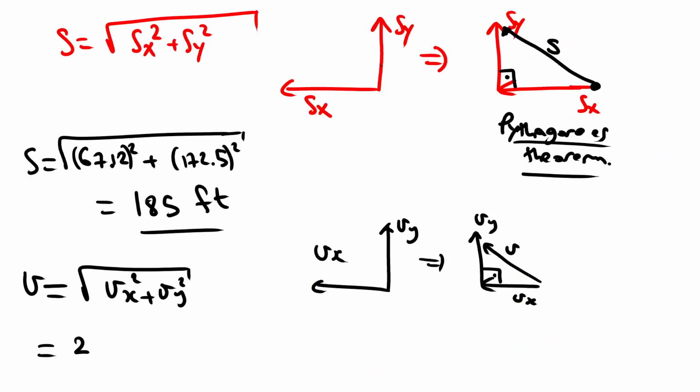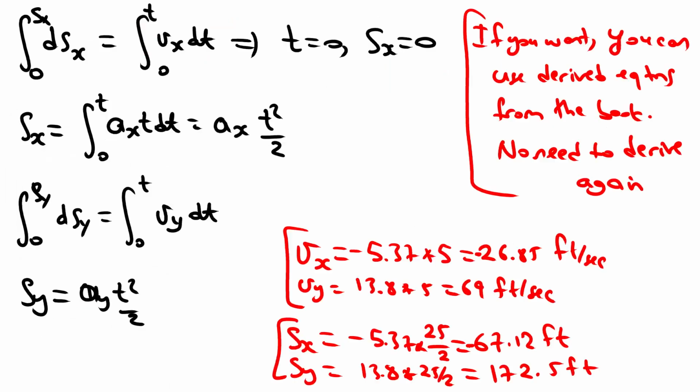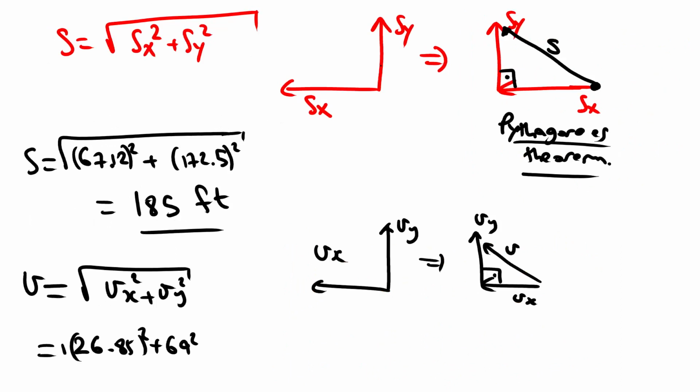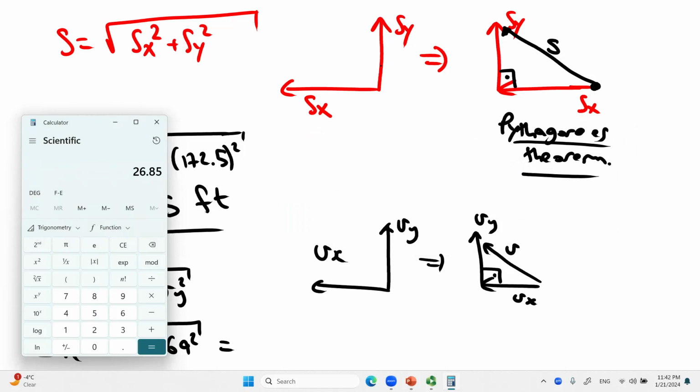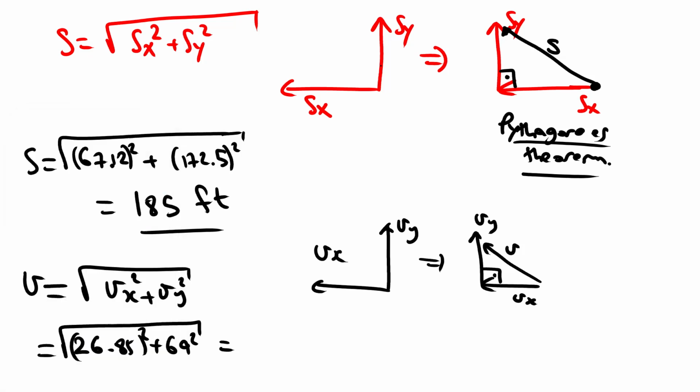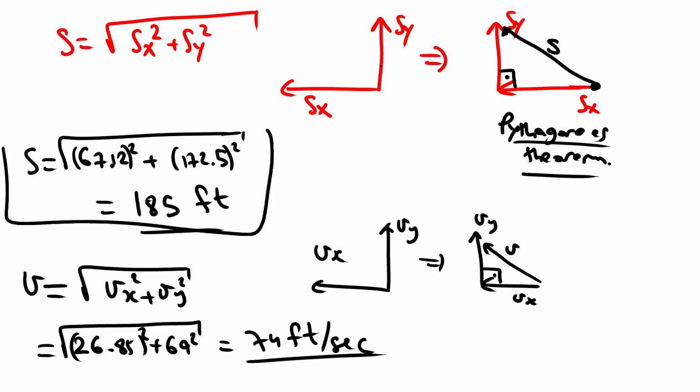That will be 26.85 squared plus 69 squared, and if you calculate it, the square root of it will be 74 feet per second. That is the final result.